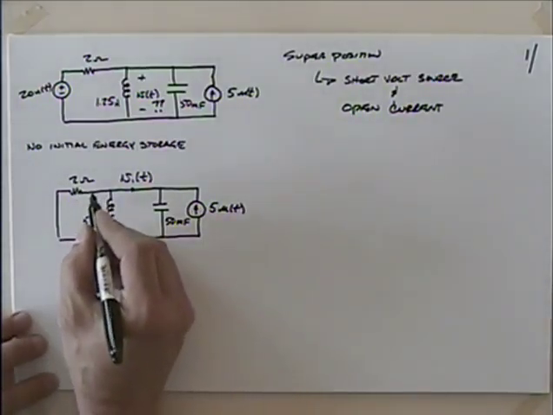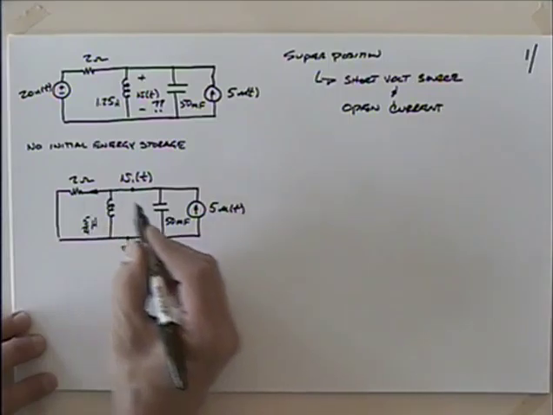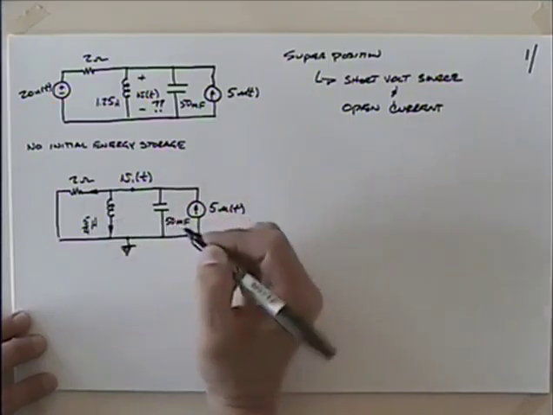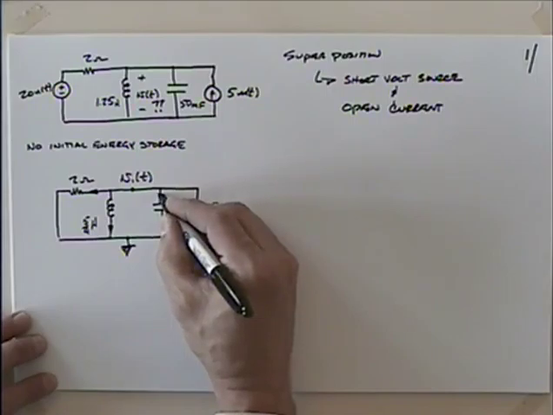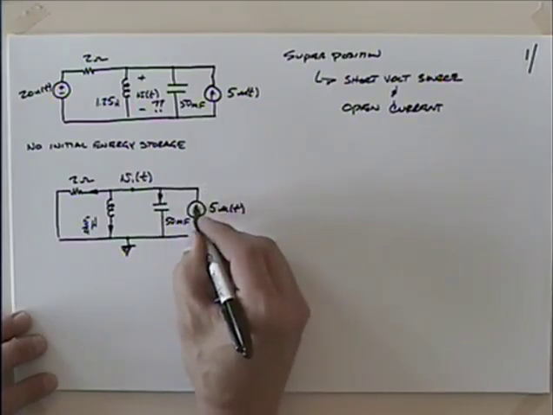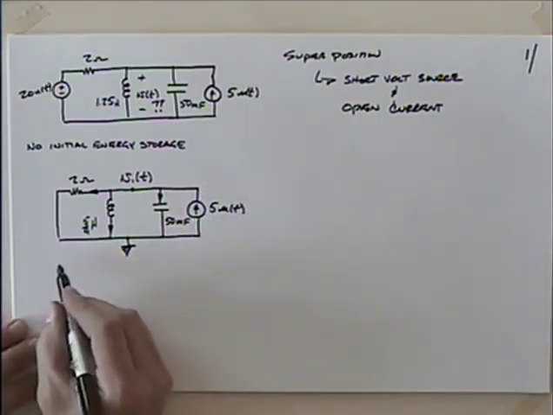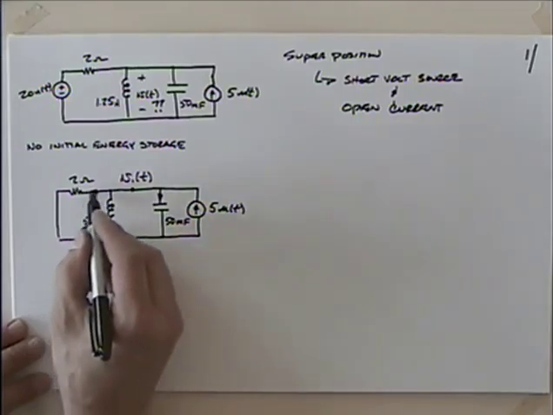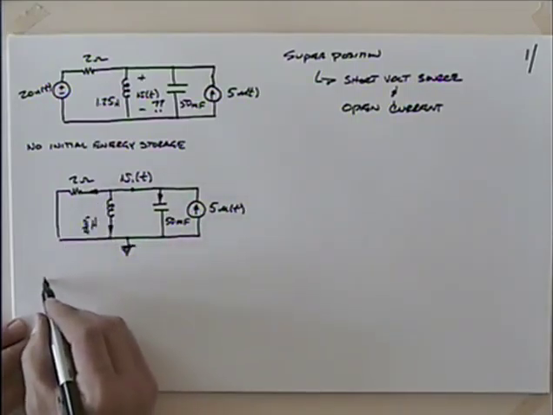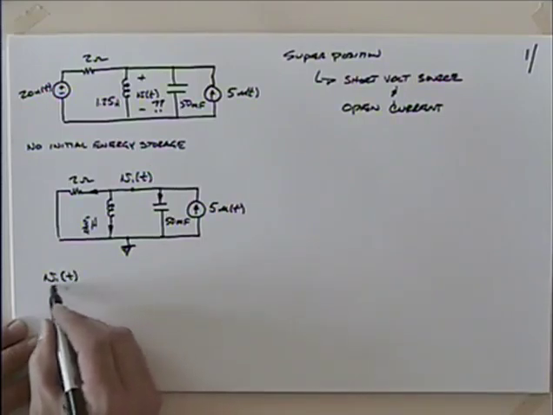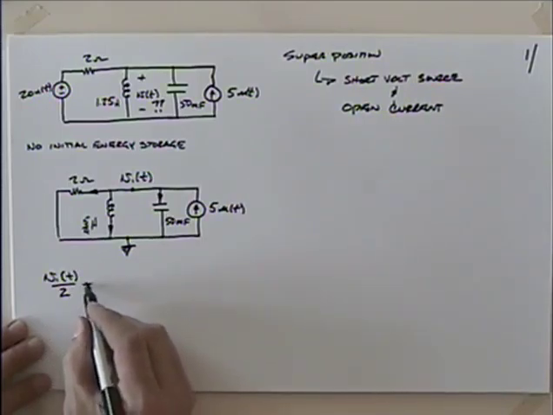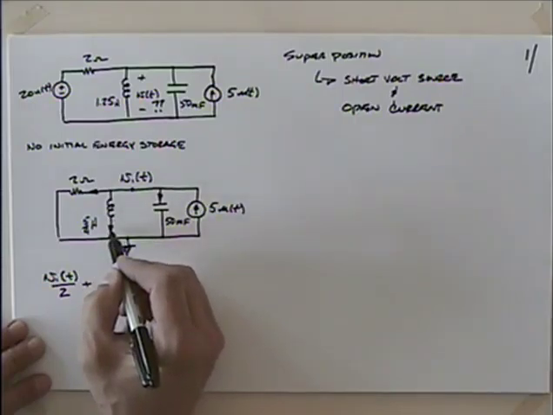So if I look at the currents here, I can talk about this current going through here and that current going through here, and then I need to deal with the current here, and of course we are left with this current there. So the current through this 2 ohm resistor is as simple as saying V1 of t divided by 2, right? And then I'm going to add the current through the inductor.